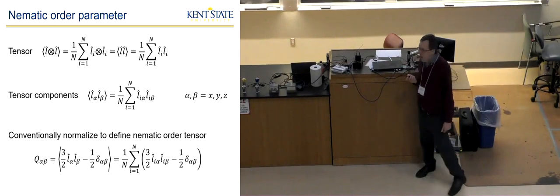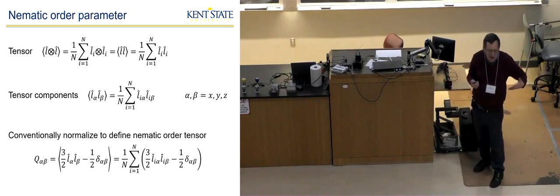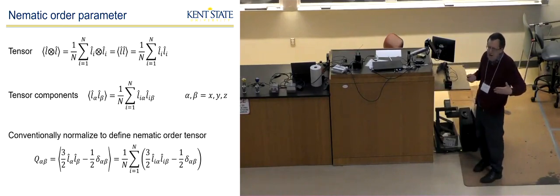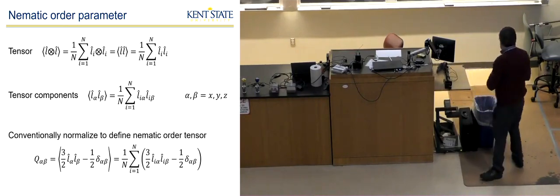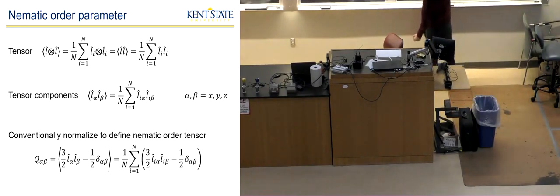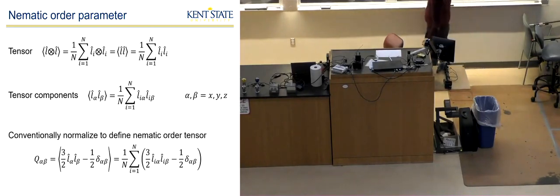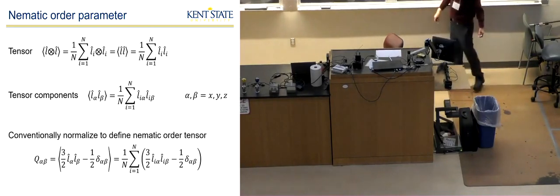Well, in the isotropic phase, the tensor averages out to be the identity tensor, 1, 1, 1 along the axis, times a third, okay?